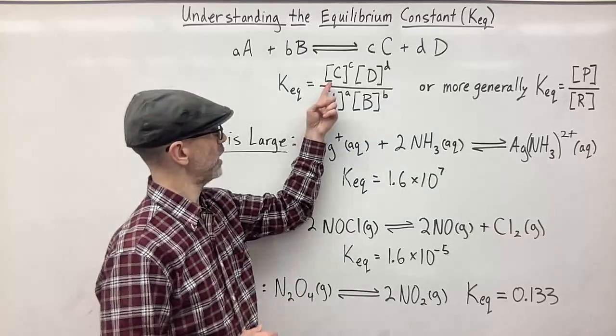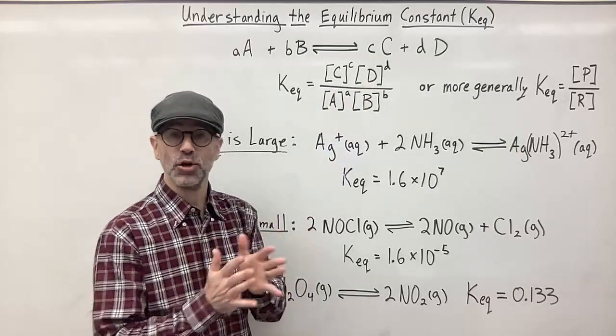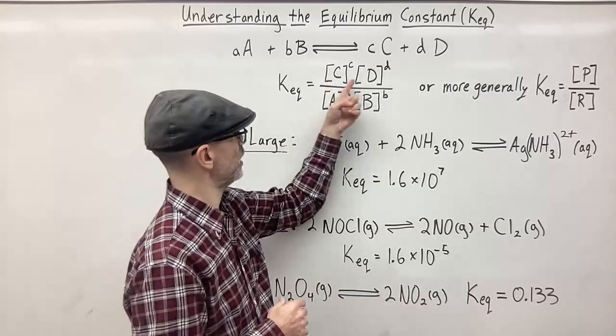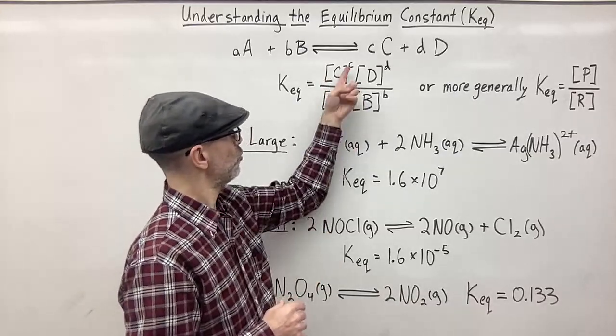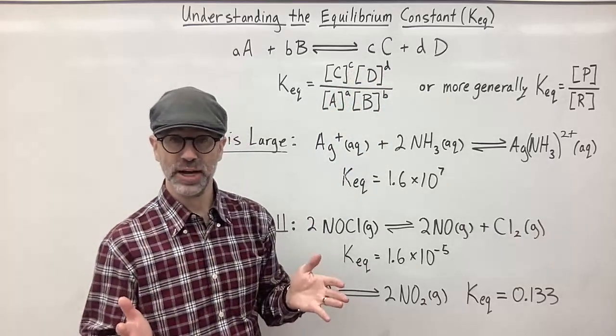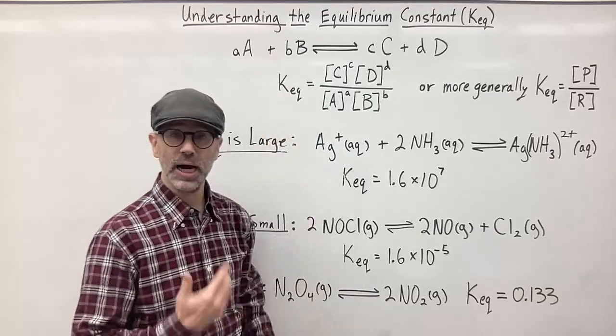And these are, by the way, concentrations at equilibrium. Once the reaction is at equilibrium, you plug in your equilibrium concentrations raised to the powers of the coefficients of the reaction equation, and you can calculate your equilibrium constant.